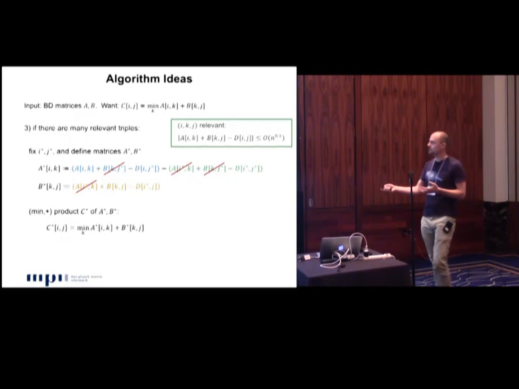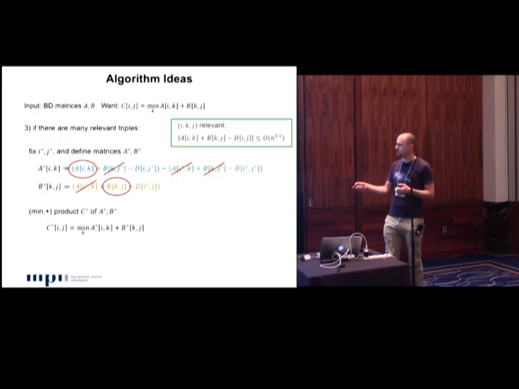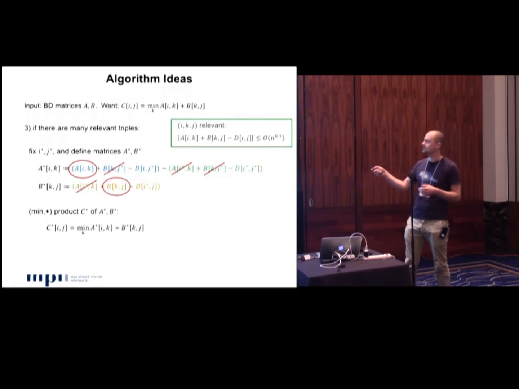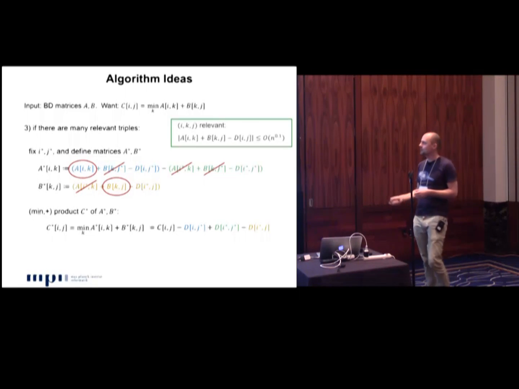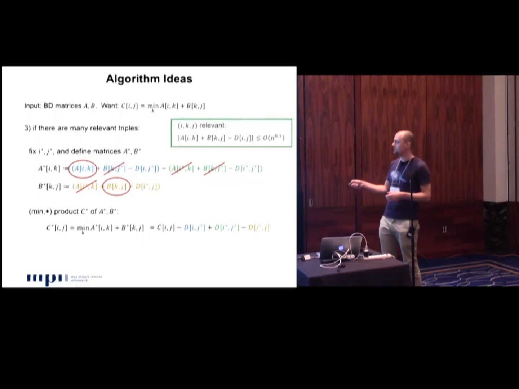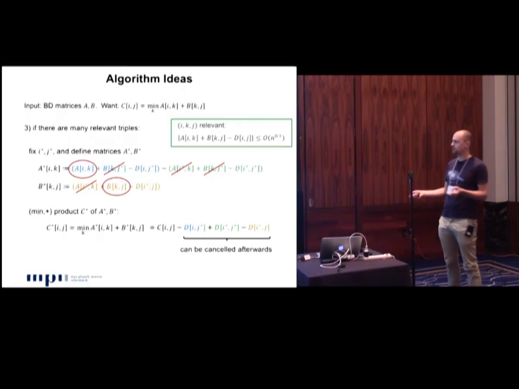The only terms that are remaining and depend on k are those two. So we get the minimum over all k of aik plus bkj. This is exactly what we want, right? This is the thing that we want, Cij. And then there are three more terms that do not depend on k, and they don't hurt us at all. We can just cancel them afterwards.